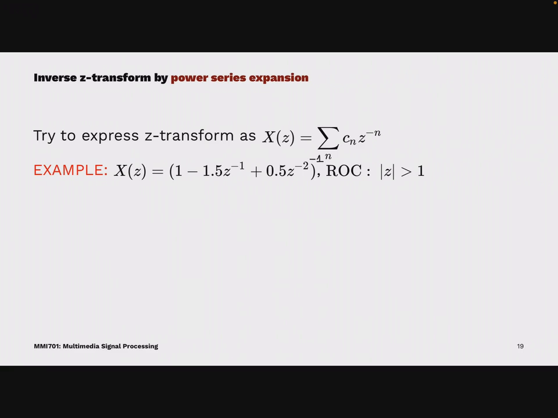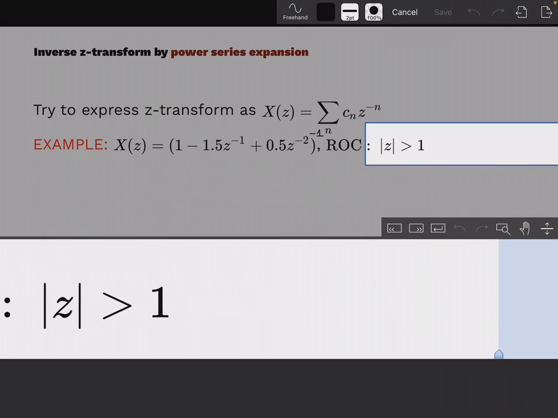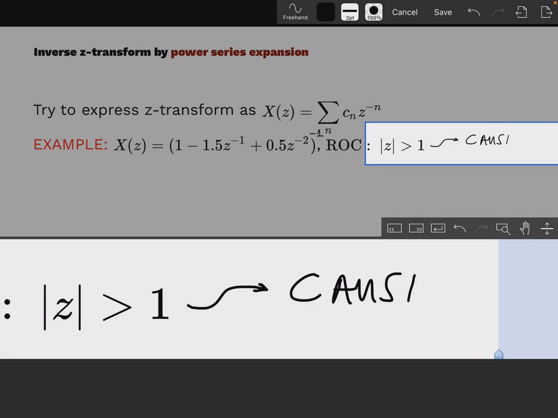So here's our example. X of z is 1 minus 1.5 z to the power minus 1 plus 0.5 z to the power minus 2, all to the power minus 1. That is 1 over this. And we have a region of convergence, which tells us that the signal is a causal signal. So this is causal.